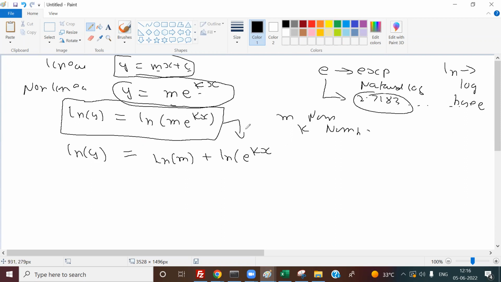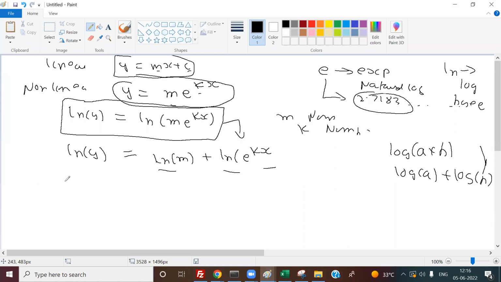This equation would be written like this. Why? Because log of a into b is equal to log of a plus log of b. This is a standard formula in mathematics.